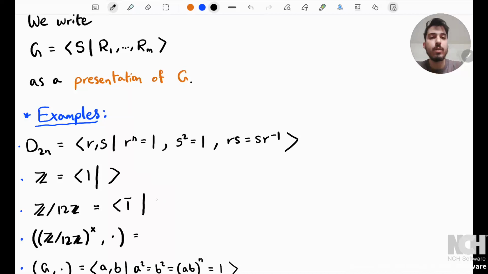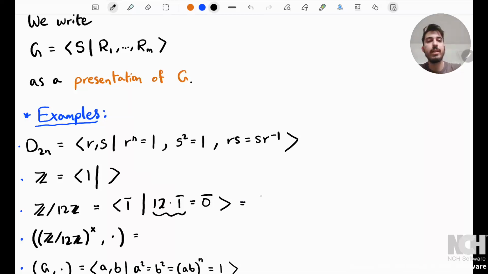So 12 times 1 gives us back 0. Remember, this is the additive power of 1. So the additive power, we multiply the number, the exponent, by the element. So in the additive power, we have that the 12th power of 1 is back to the identity element. And that is the only relation that is sufficient to describe this group.